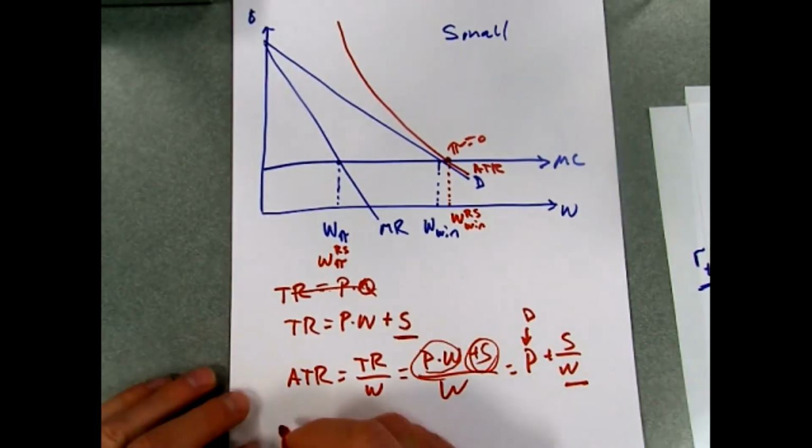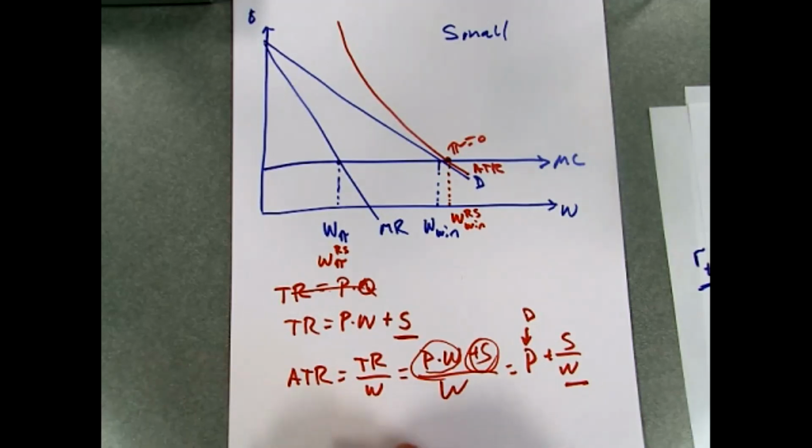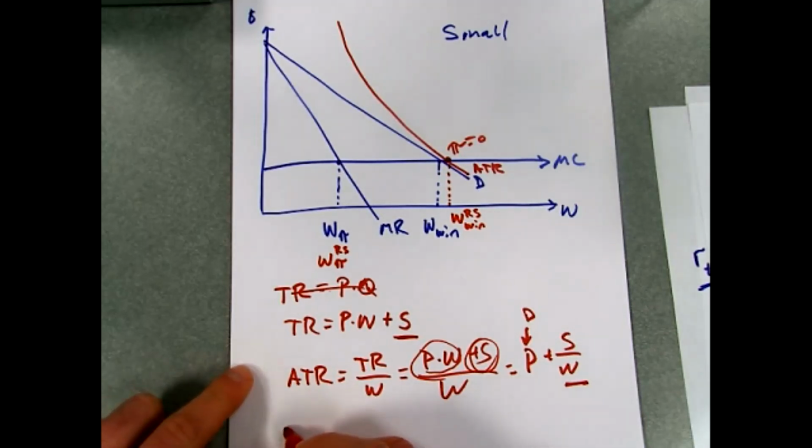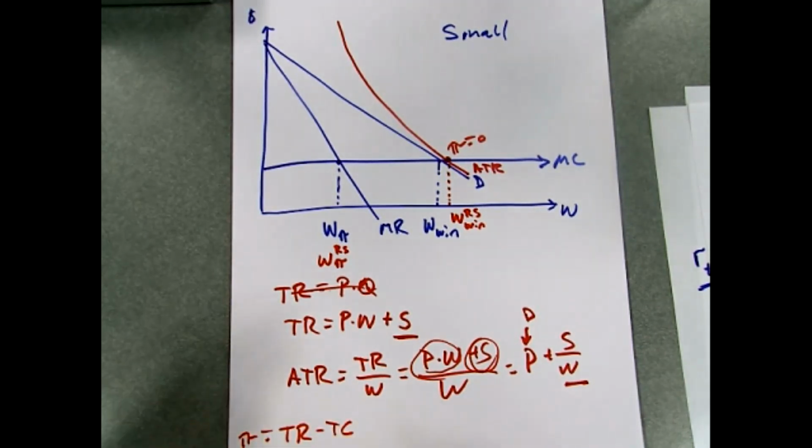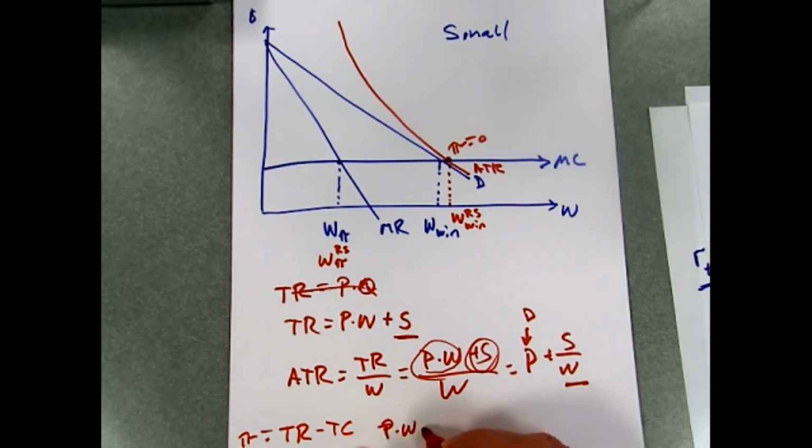So just to give an idea, if we're thinking about total revenues minus total cost, this represented my profits. With these league transfers, my total revenue is price times number of wins plus this amount of money the league gave me.